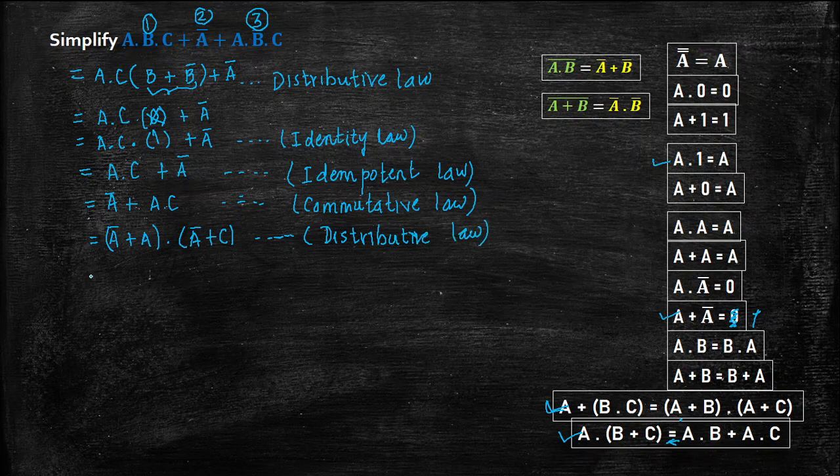Okay. Now A complement plus A, here again the same law, the identity law. So this will be 1 dot A complement plus C, and nothing is going to happen, it remains as it is. So A complement plus C. The law which we have used is the identity law.